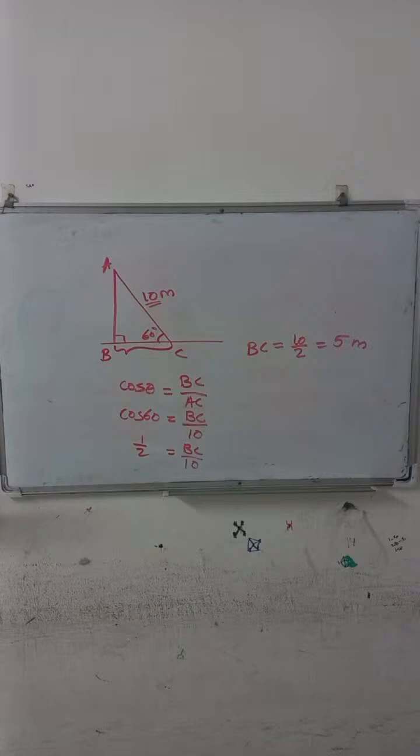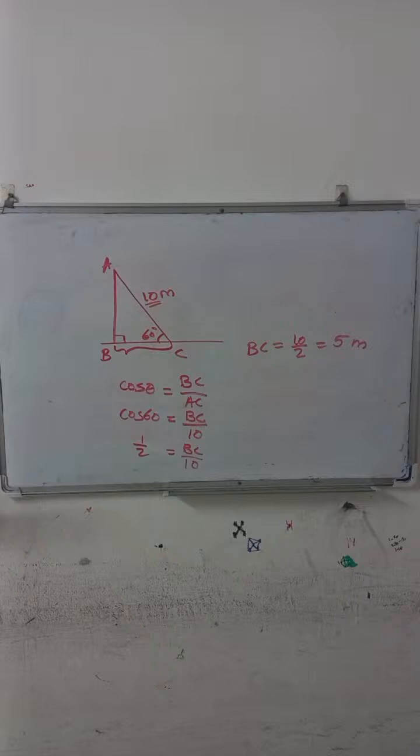Options are given. I will read out this question one more time. From a point P on the ground, the angle of elevation to the top of a vertical pole is 45 degrees. If the height of the pole is 10 meters, what is the distance of point P from the base of the pole? Options are given.